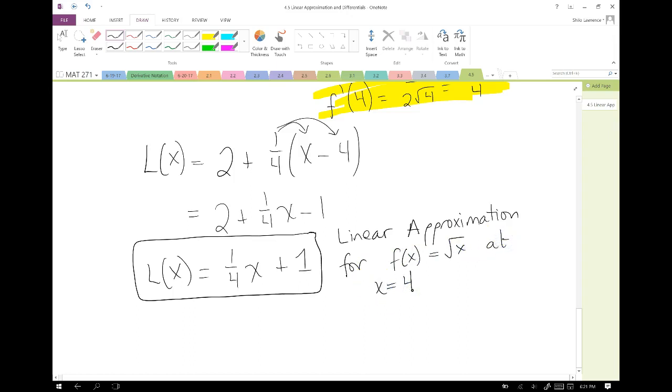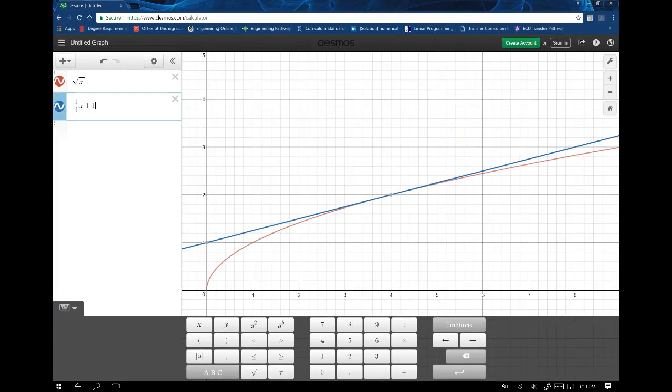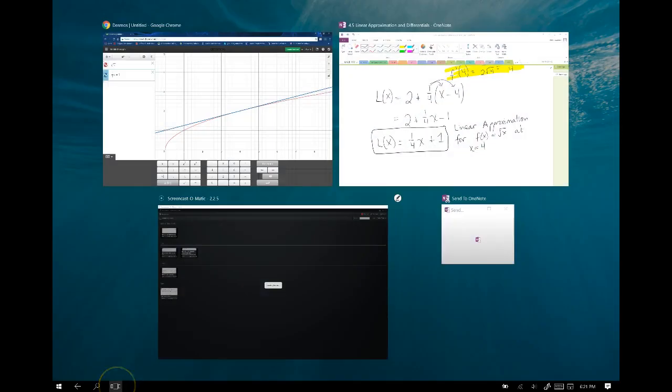And we can use this linear approximation to estimate some values on the square root x graph, because that line and the square root x function, as long as we stay pretty close to 4, have very similar values. You can see that the blue graph and the red graph are nearly right on top of each other.